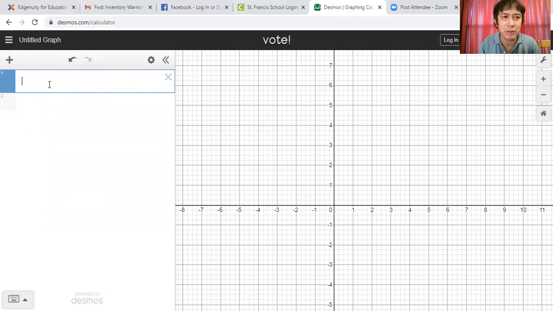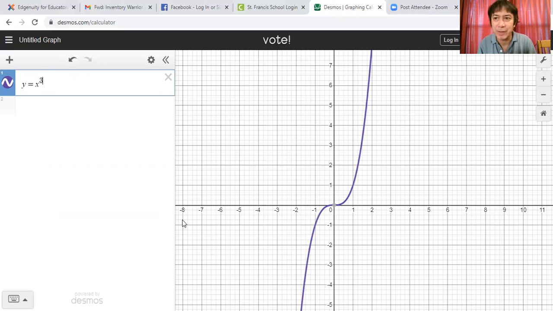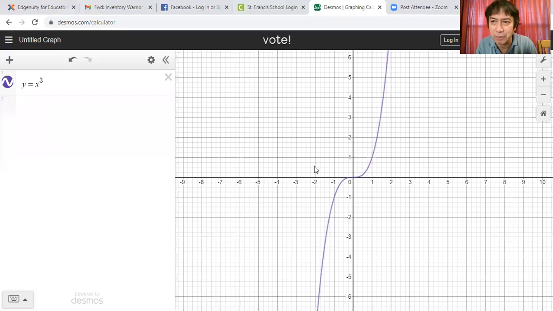All right, let's consider exponent 3. 3 is an odd number. y is equal to x raised to the power 3. That's an odd number, and you can check it out. Try to see the graph. All points at the first quadrant have equivalent points at the third quadrant, the opposite quadrant, the other side.